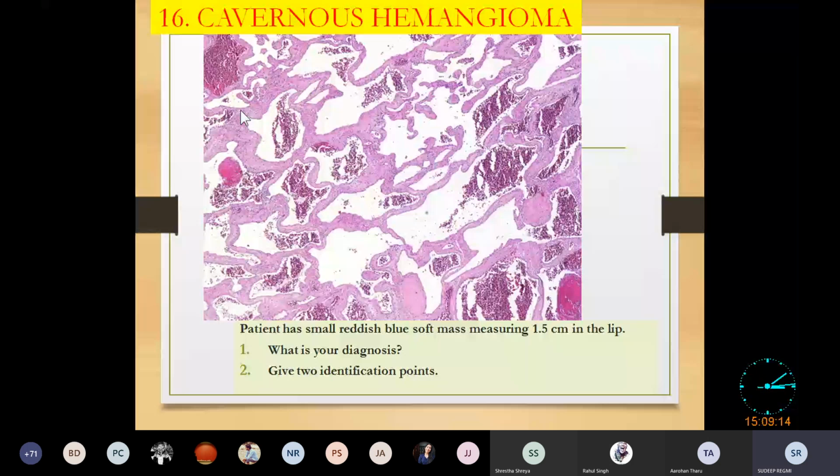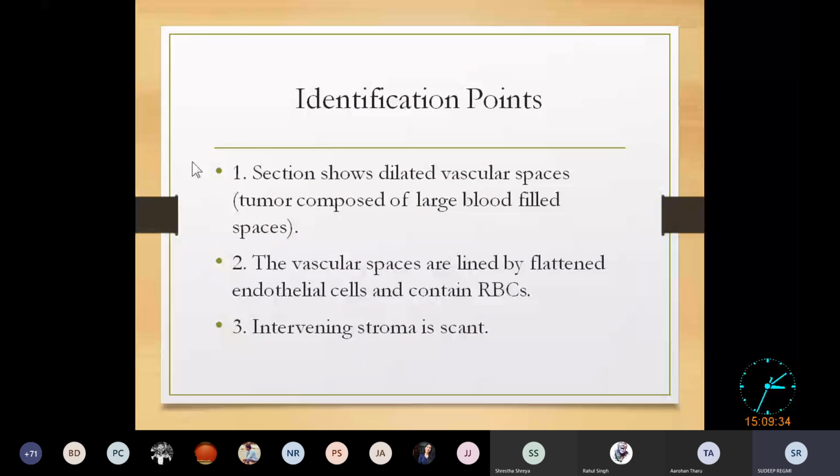That's why it is known as cavernous hemangioma, and the intervening stroma is scant. The section shows a tumor composed of large blood-filled spaces lined by flattened endothelial cells containing RBCs, and the intervening stroma is scant.